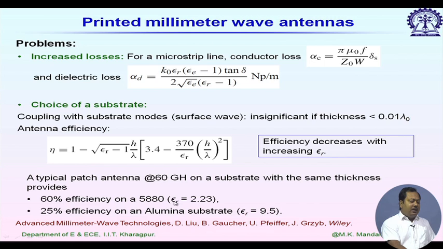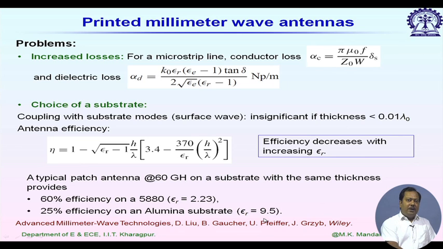When we design it on a 5880 substrate, where the dielectric constant is approximately 2.23 at 60 gigahertz, the antenna efficiency comes to 60%, and it is reduced to 25% when the same antenna is designed on alumina substrate, which has higher dielectric constant, epsilon r equal to 9.5.